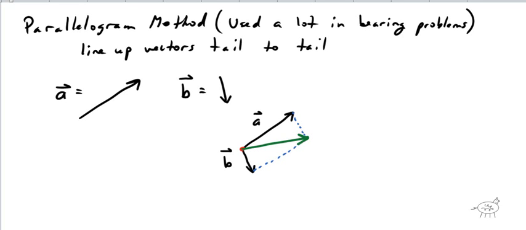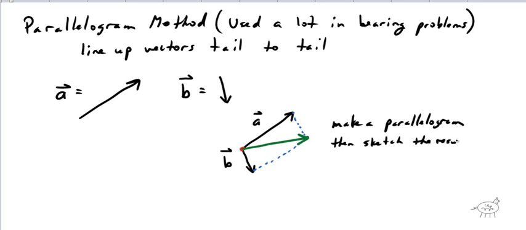But a couple words here. Like I said, you make a parallelogram, then sketch the resultant. Okay, if I would have done a tip to tail, I just want to show you guys how it actually would have worked out really nicely.